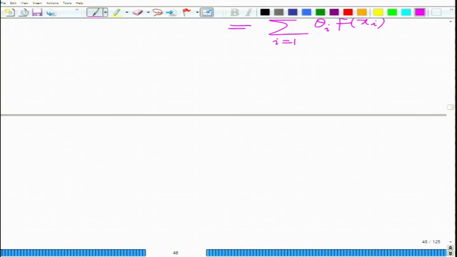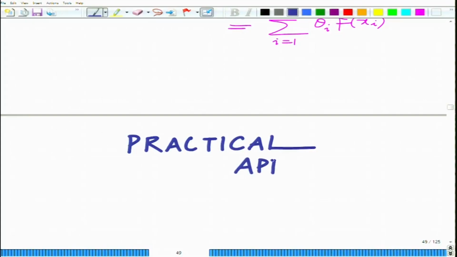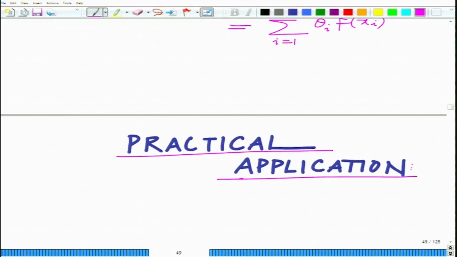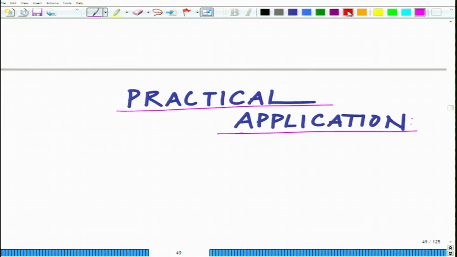So, what we want to see now is a practical application of this to demonstrate its applicability.